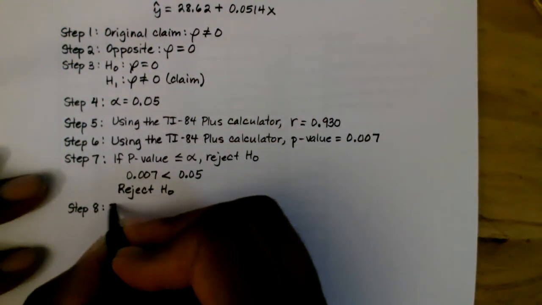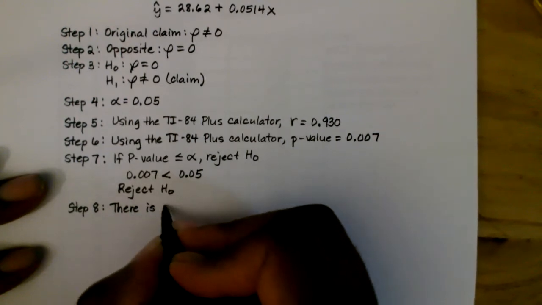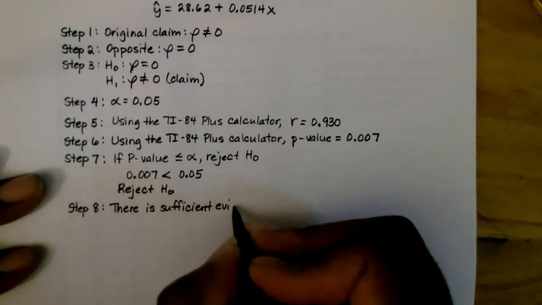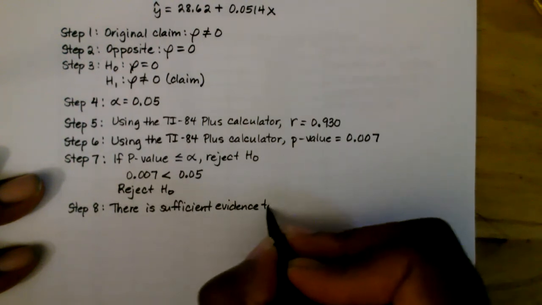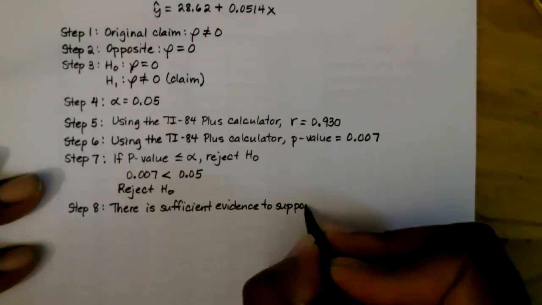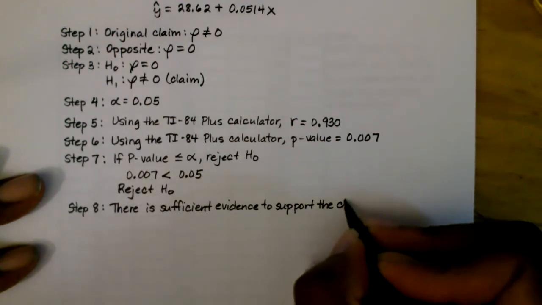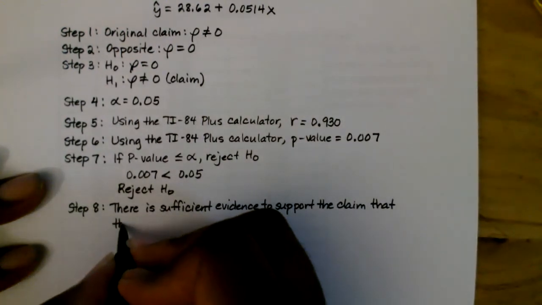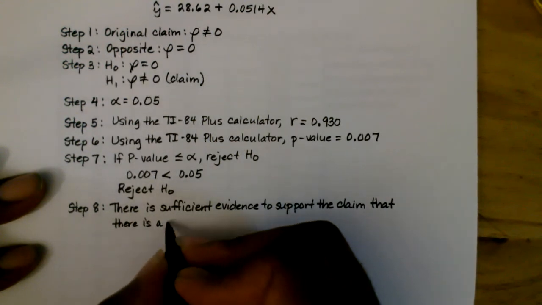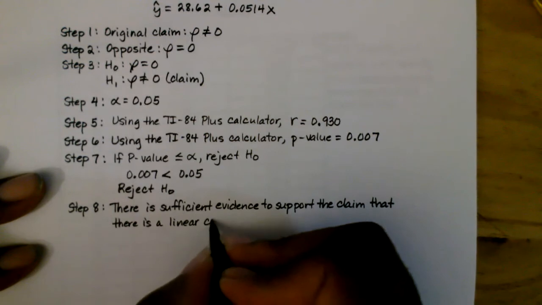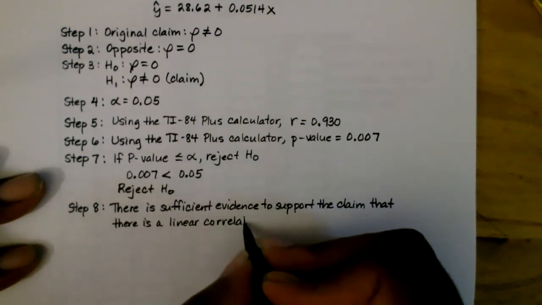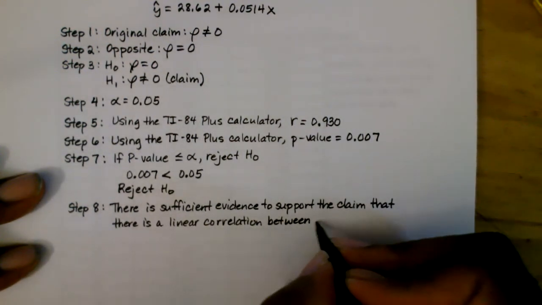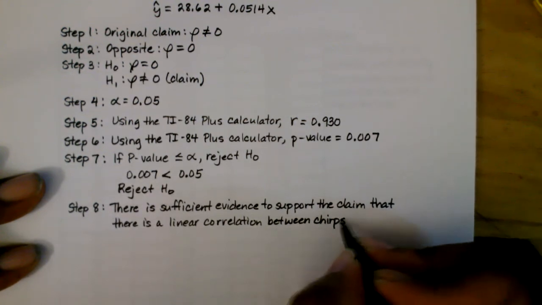So our conclusion statement would be this: that there is sufficient evidence to support the claim that there is a linear correlation between chirps and temperature.